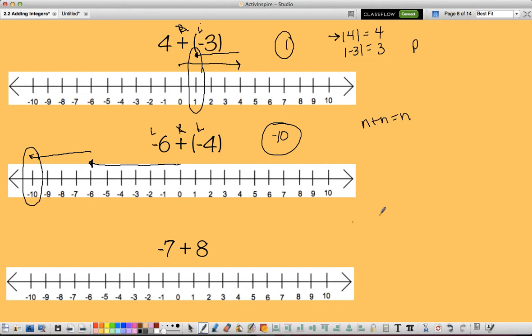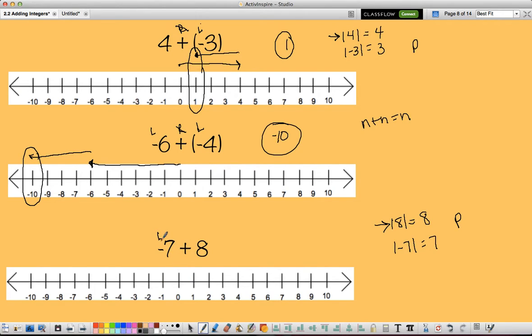Here I have a negative and a positive, so let's use our rules. So the absolute value of 8 is 8. The absolute value of negative 7 is 7. So since this has the larger absolute value, my answer should be positive. So when I finish this, I should end up on the right side of 0.